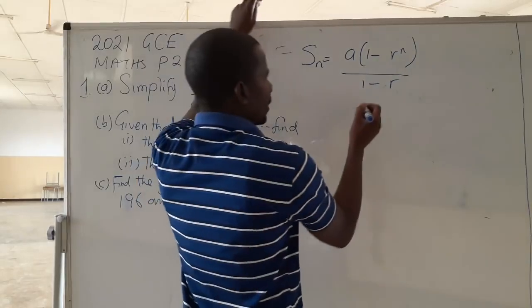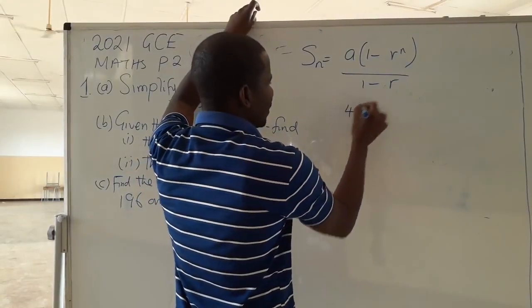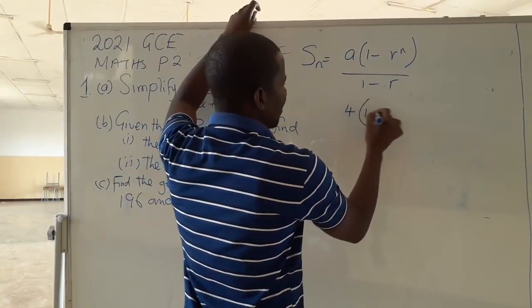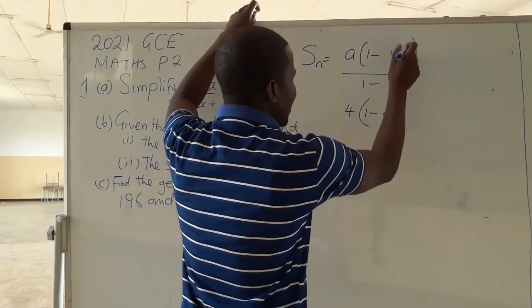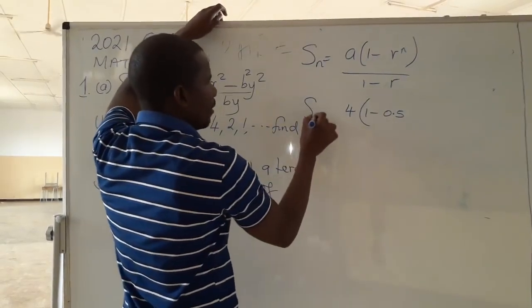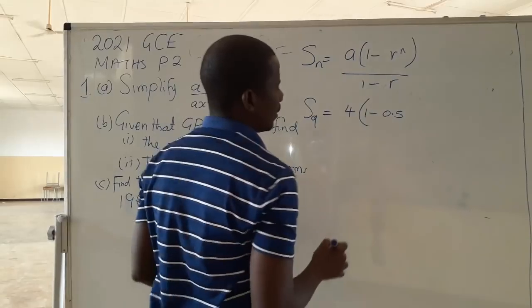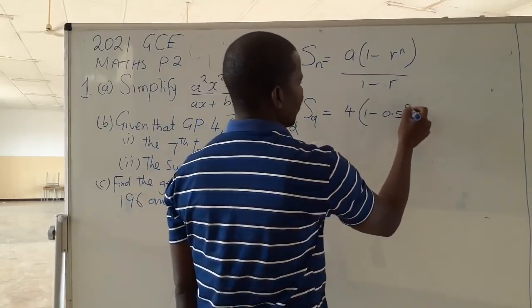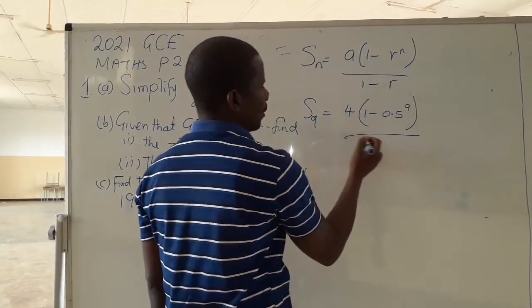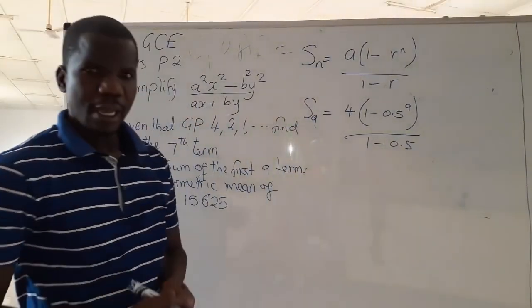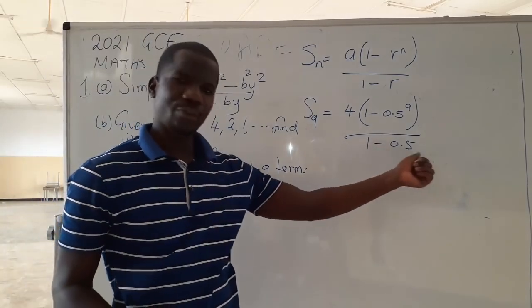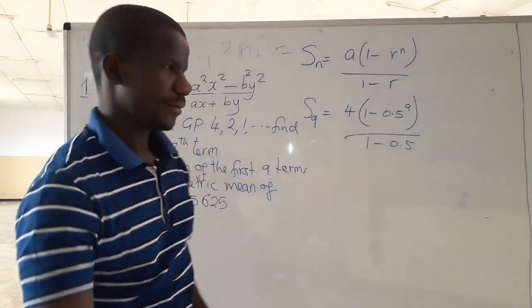So we go on and say the first term, then 1 minus 0.5 to the power n. What is our n? Our n here is 9. So here we're going to have 9 over 1 minus 0.5. I'm sure you know that 1 minus 0.5 will be 0.5.